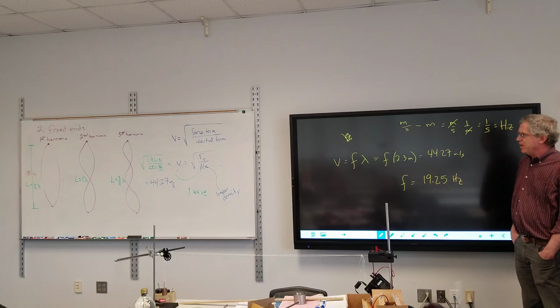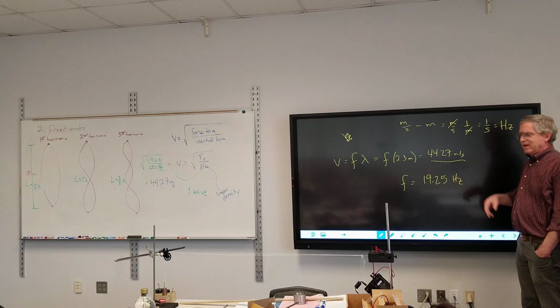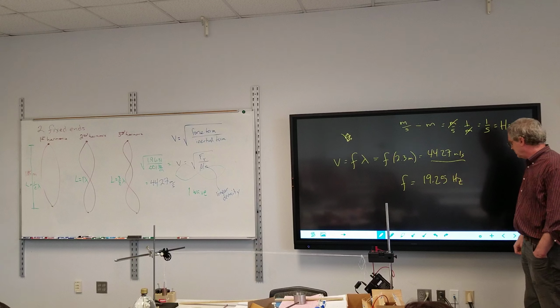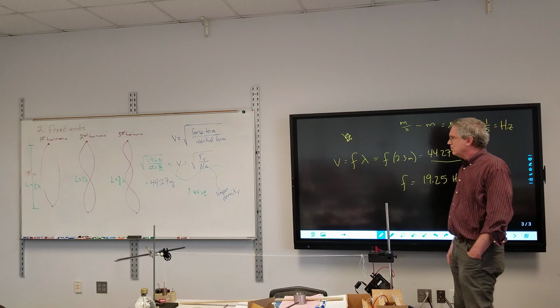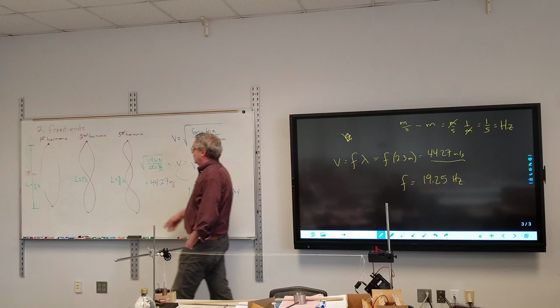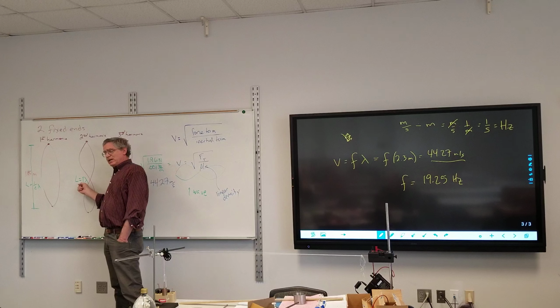Let's get to the next harmonic. I know my speed of the wave, that's not changing because I'm not changing the string, I'm not changing the mass down there. Wavelength stays the same. Oh, no, sorry, wavelength changes. So for the next harmonic, L, the 1.15, is equal to the full wave.